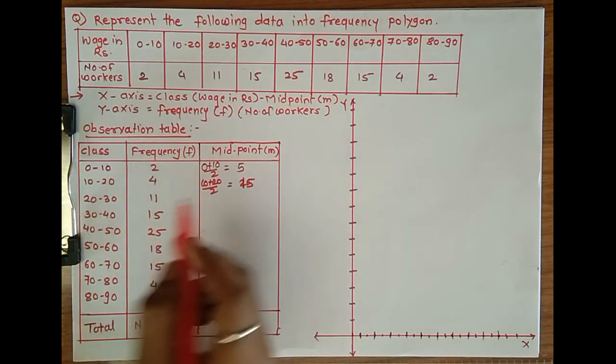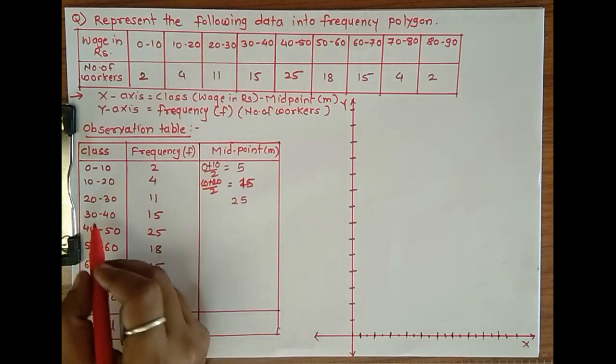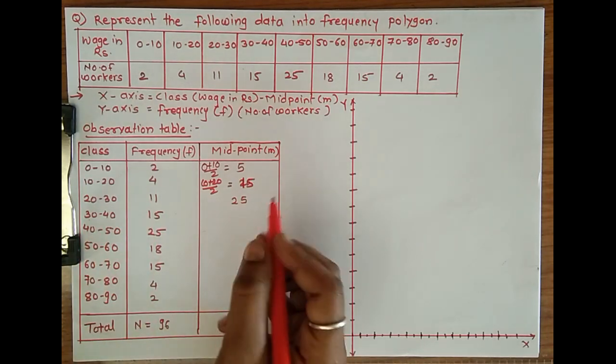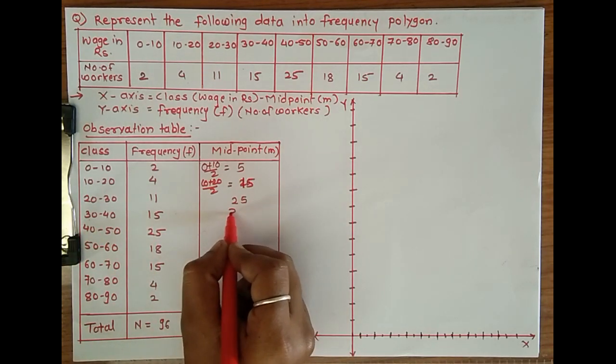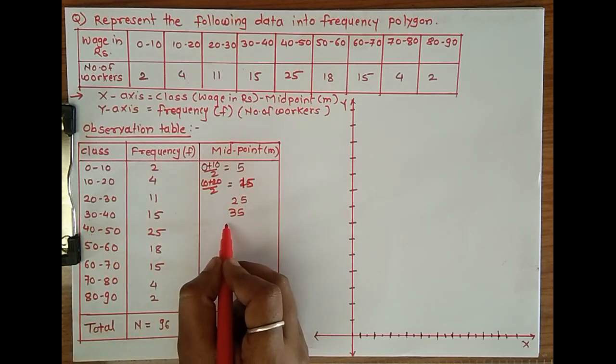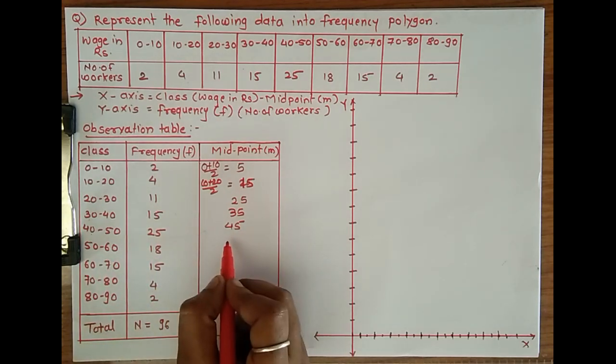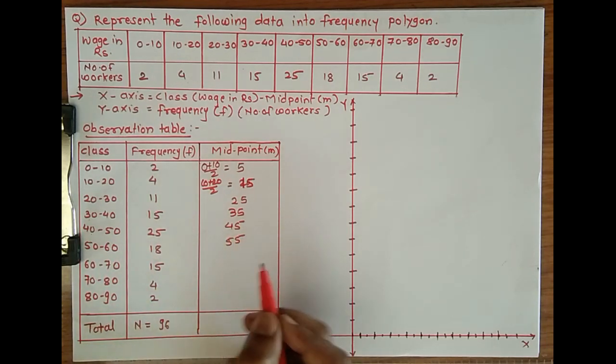Next, 20 plus 30 divided by 2, which is 25. 30 plus 40 divided by 2, which is 35. 40 plus 50 divided by 2, which is 45. 50 plus 60 divided by 2, which is 55.